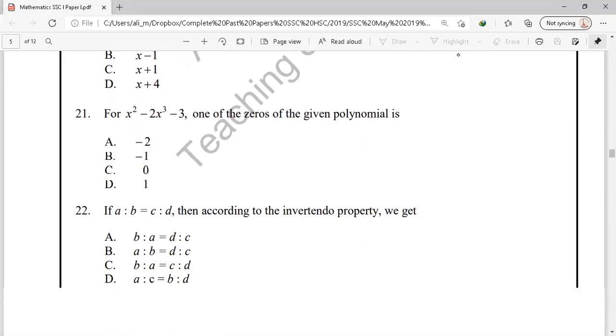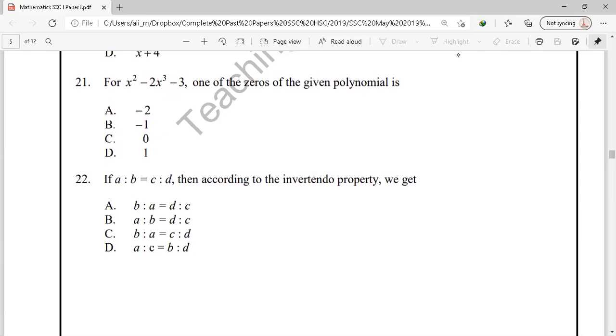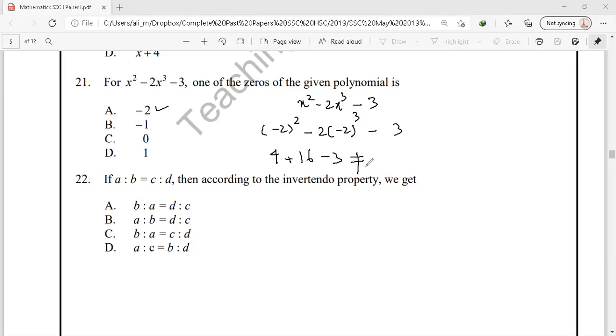So next we have question number 21. For this expression, we need to find one of the zeros of the given polynomial, that is, the value at which the expression becomes zero. We can put in the values into x square minus 2x cube minus 3. If we first put in minus 2, we get (minus 2) square minus 2 into (minus 2) cube minus 3. Minus 2 square is 4, minus 2 cube is minus 8, into minus 2 is plus 16, minus 3, and that is not equal to 0.